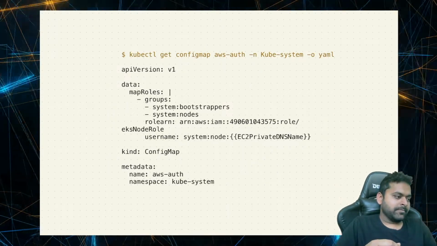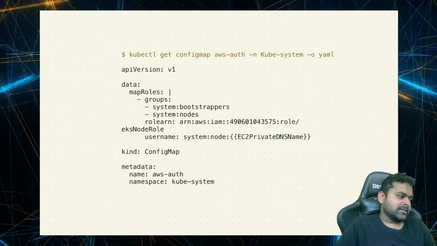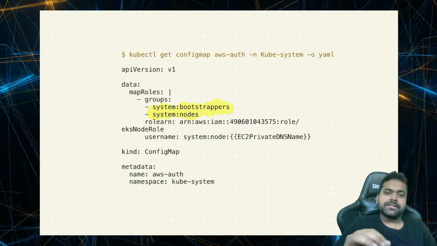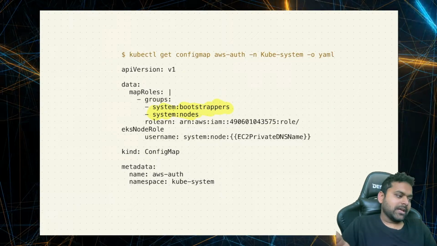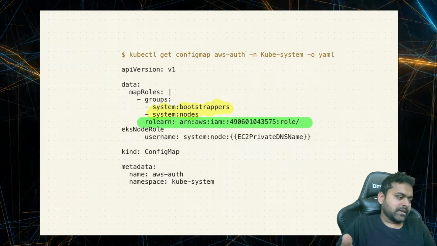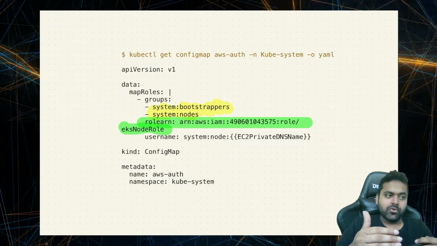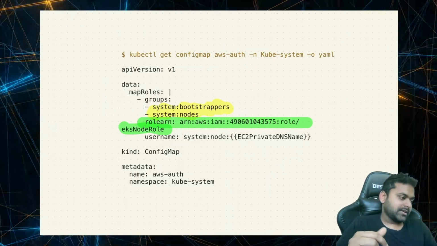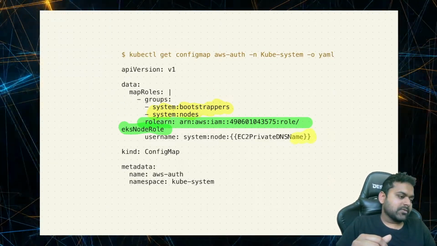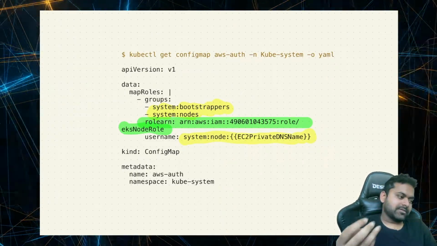Now as I said, the config map was created when nodes were joining the cluster. As you can see, these are the default values of that config map, and you can see there are two groups, system:bootstrappers and system:nodes, and they are being assigned a role, which is this EKS node role. I have kept that role for node groups when I was spinning up the nodes, right? And the username would be system:node with the EC2 private DNS name, meaning the name of that EC2 machine, right?